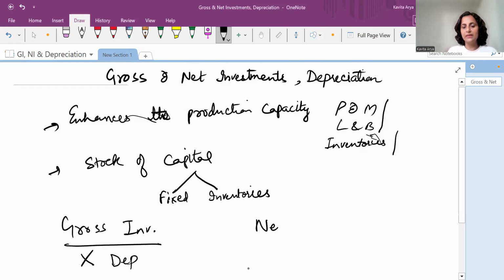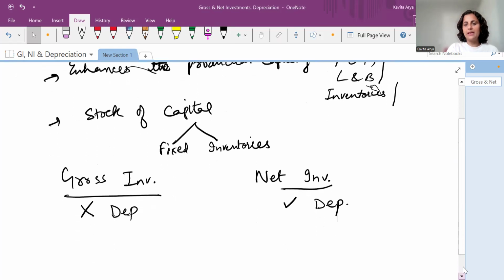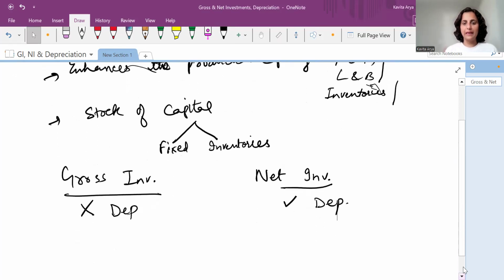And net investment is where we do account for depreciation, and this is the true measure of any organization's production capacity. For example, if a machine is bought at say 10 lakhs, and it's been 4 years we are using that machine, is that machine valued at 10 lakhs today also? No. So when we decrease the value of depreciation from that value, it becomes net.